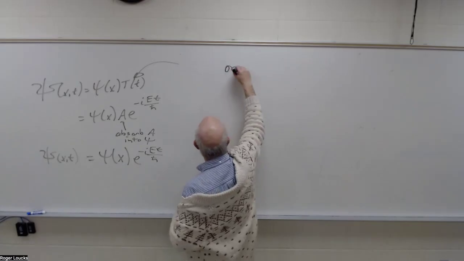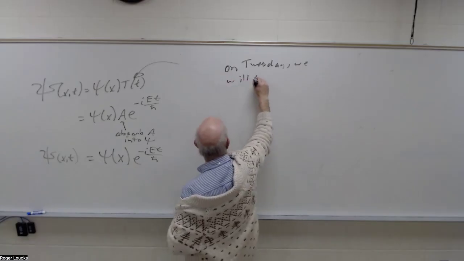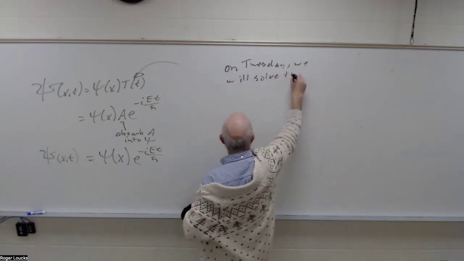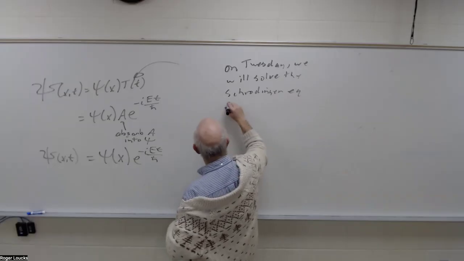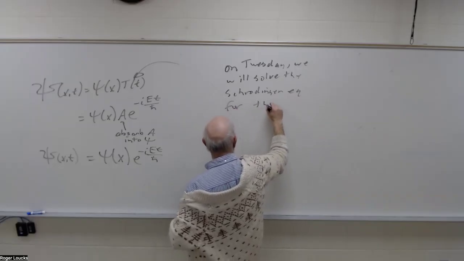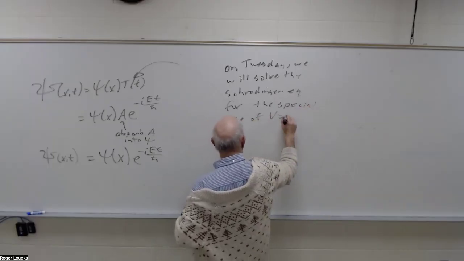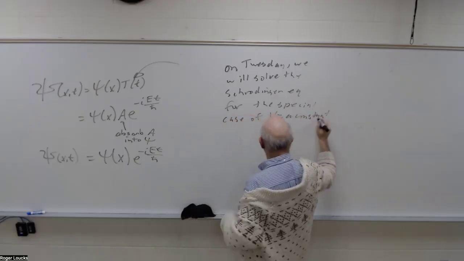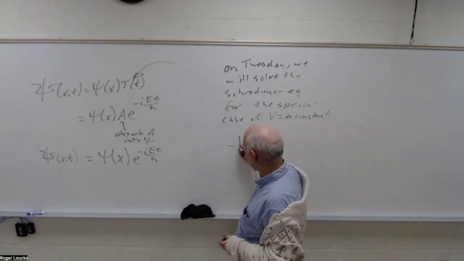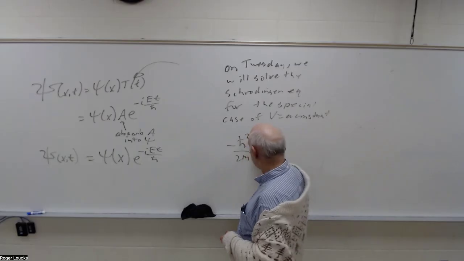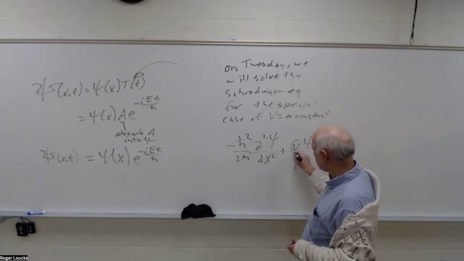So on Tuesday, we will solve the Schrodinger equation for the special case of V equaling a constant. Okay. So what we're going to do is we're going to have this guy here. This is a constant.